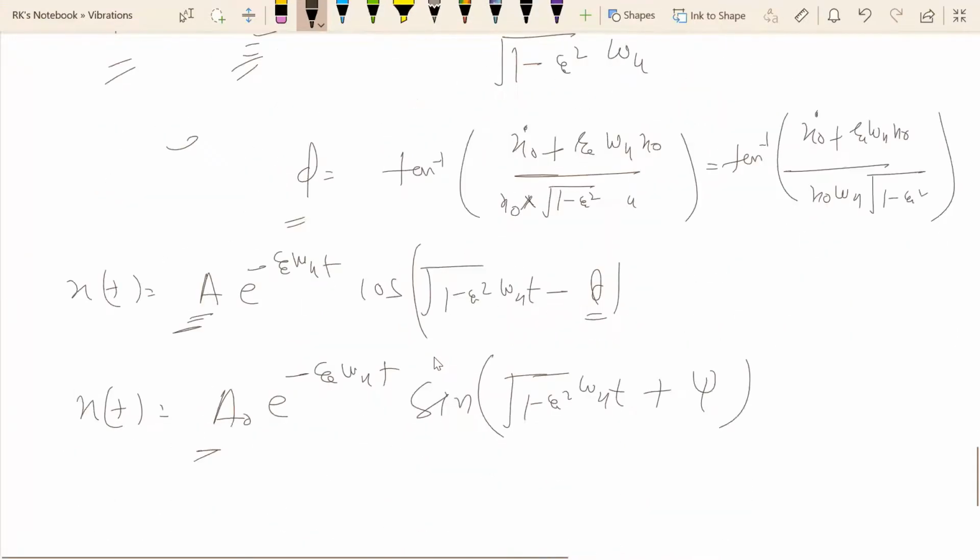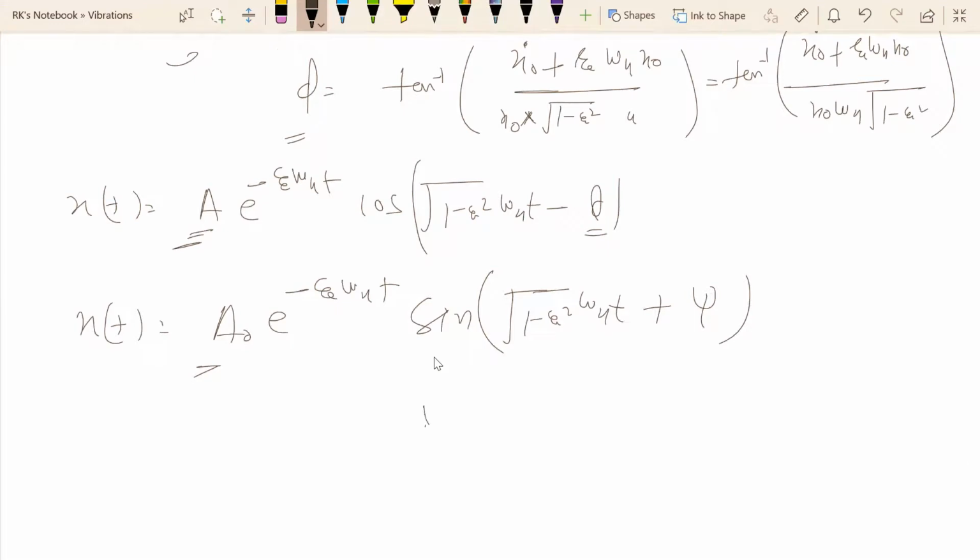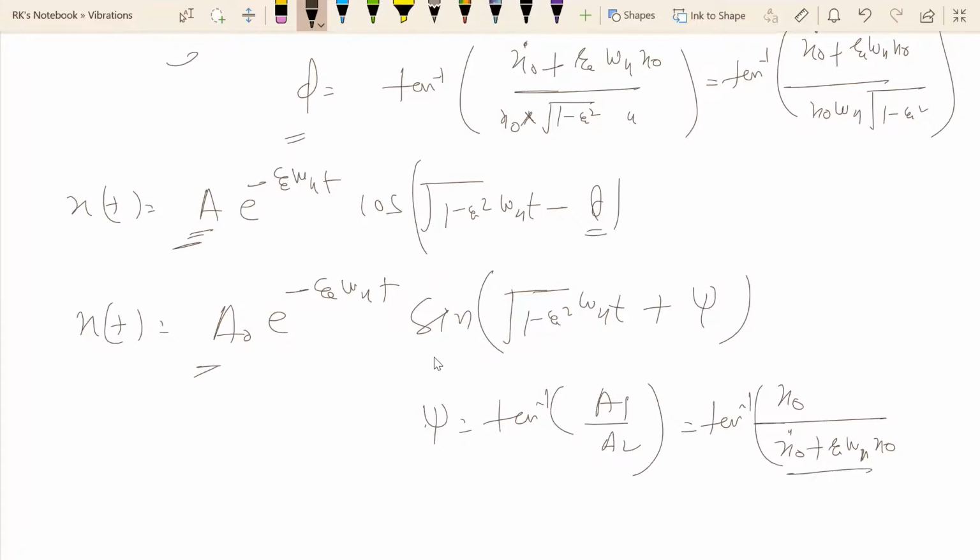And psi is tan inverse A1 over A2. So we can find tan inverse, where A1 is x naught and A2 is x naught dot plus zeta omega n x naught divided by square root of 1 minus zeta squared times omega n.